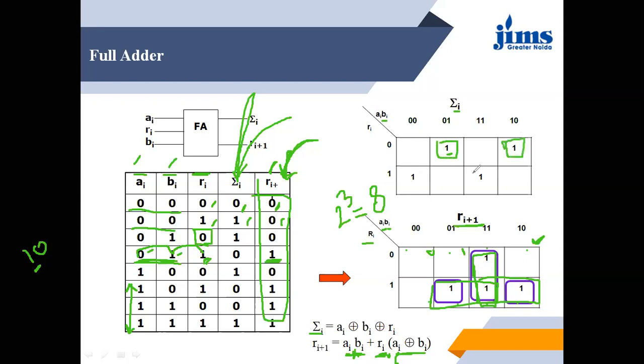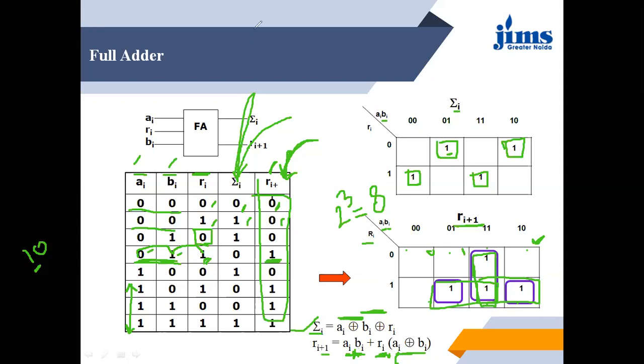So when I take these ones individually and solve the equation, I will get ai XOR bi, then the result of this XOR ri. So this is the result that I got for the summation and this is for the carry generation.